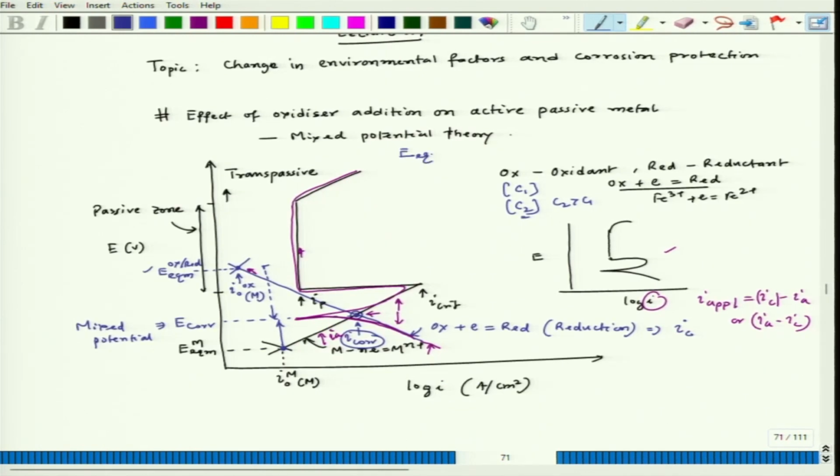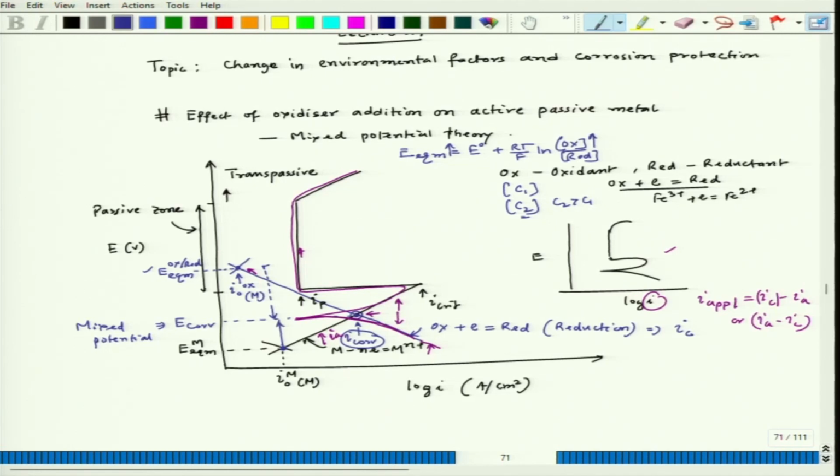So, if I follow the Nernst equation, E equilibrium equals E naught plus RT over F ln of this. So, if we increase the concentration of this, definitely this one would increase, because E0 is a constant, T is a constant, F is constant, R is also constant.